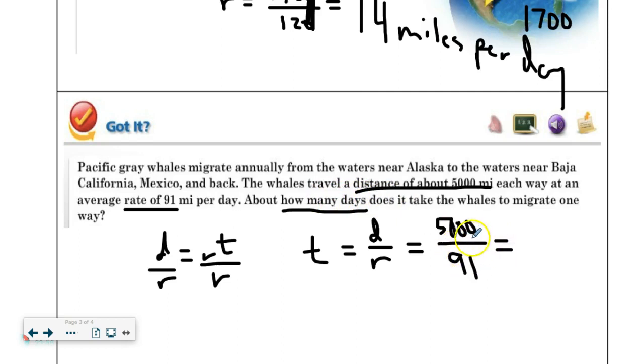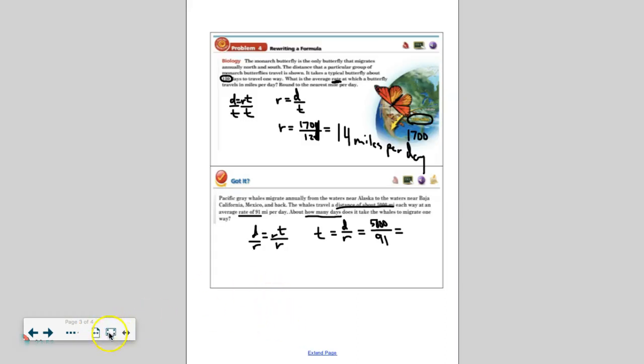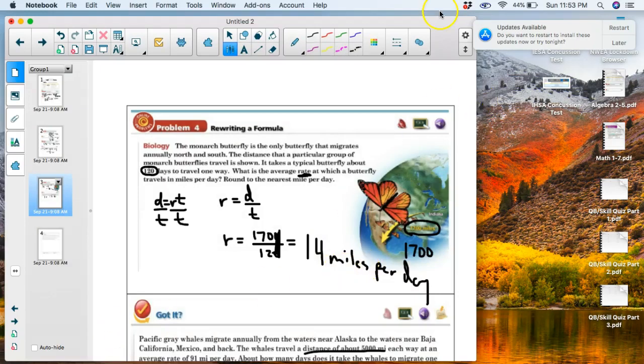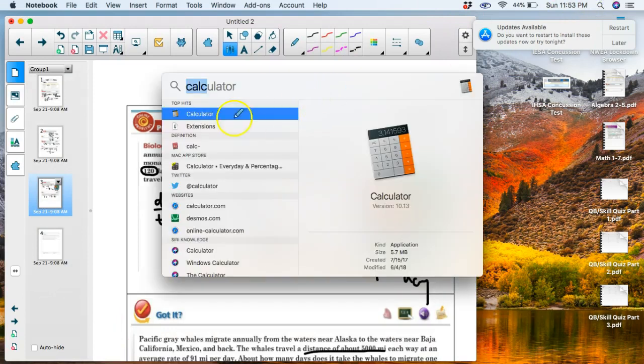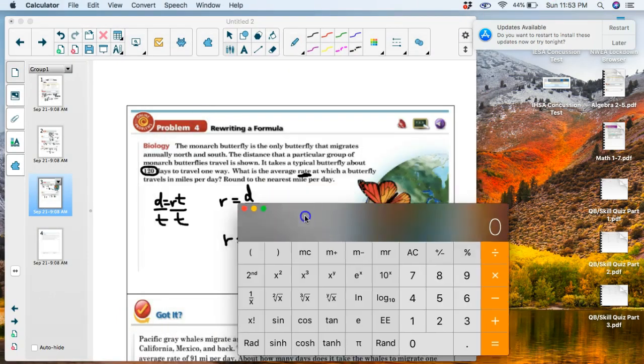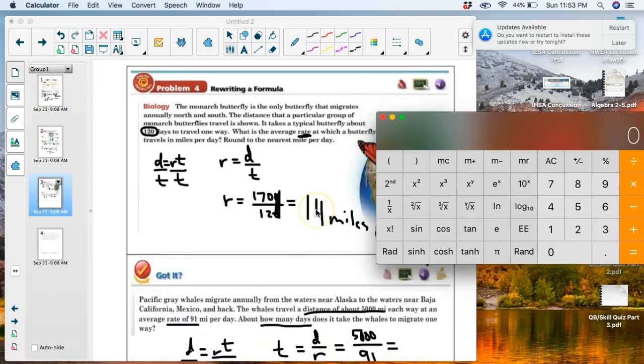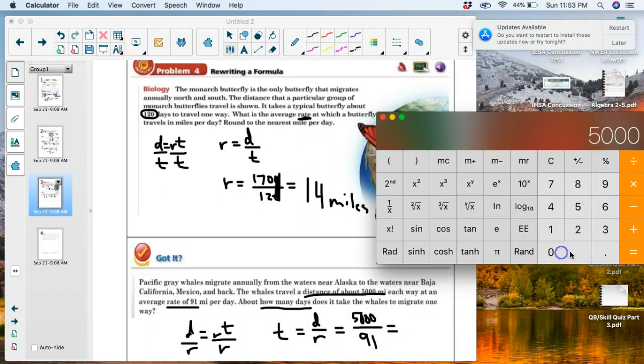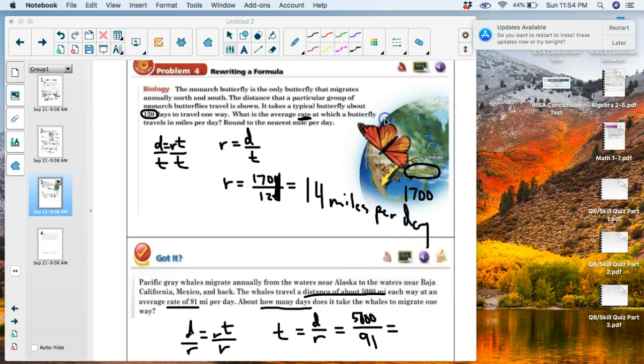You can see that this is probably going to be in the 50 neighborhood. 5,000 divided by 91. It's about 55 days. My mental math was off there. So I'm going to round that to 55. 55 days. About how many days? 55 days.